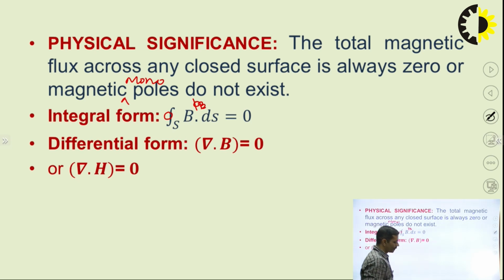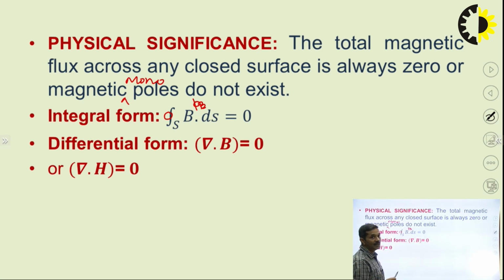Magnetic lines of force are basically continuous. So change in magnetic flux will always be 0, or magnetic monopole does not exist. So these are the significance of Maxwell's second equation.